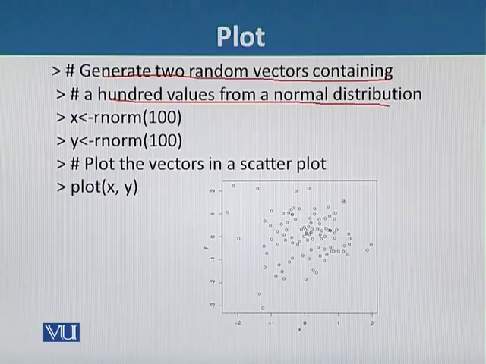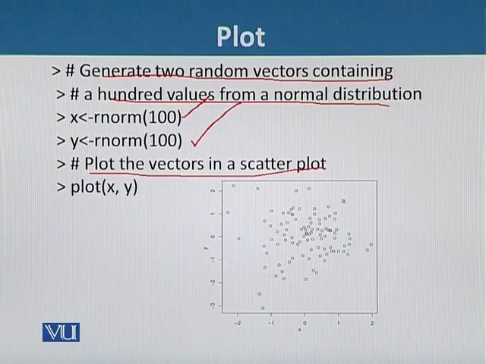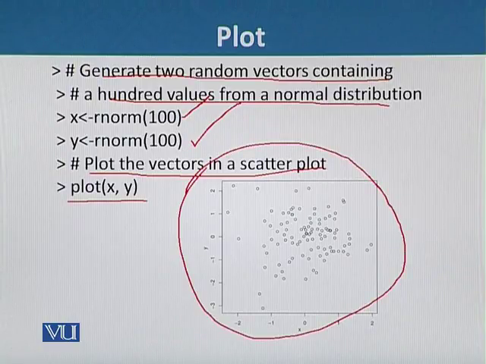So x has 100 values and y has 100 values. The last command is to plot the vectors in a scatter plot, and the original command is plot x and y. By using these commands, a scatter plot will be generated.